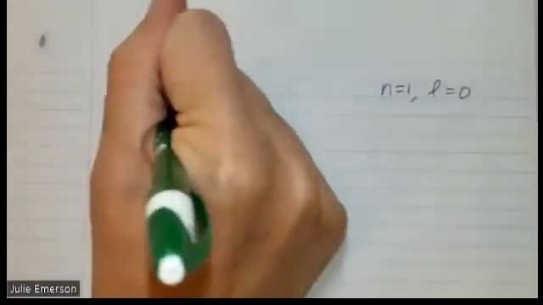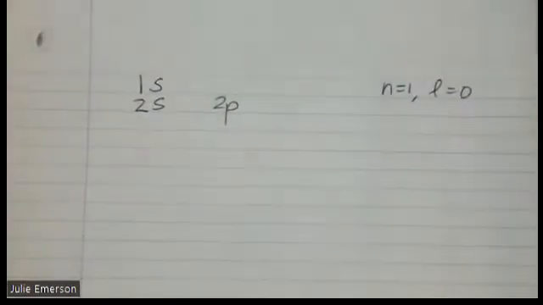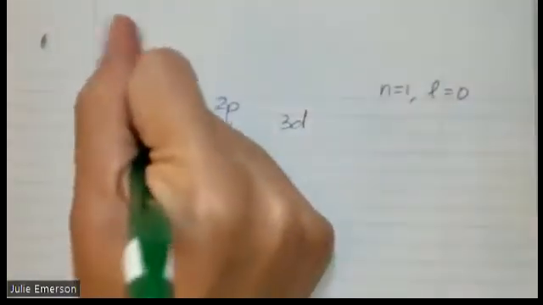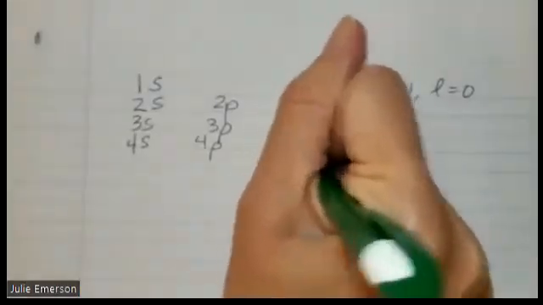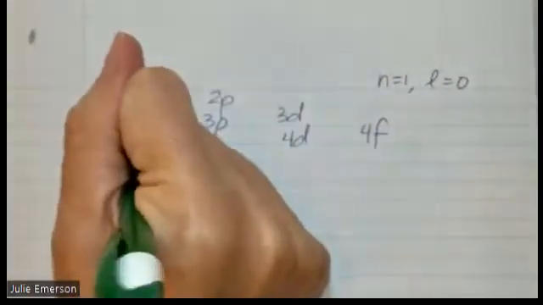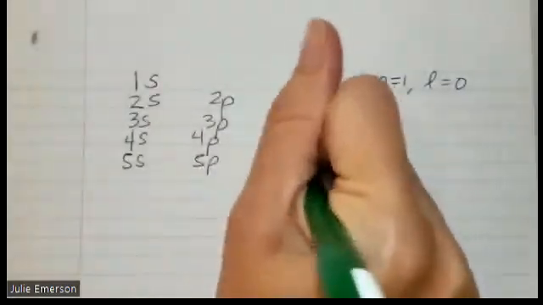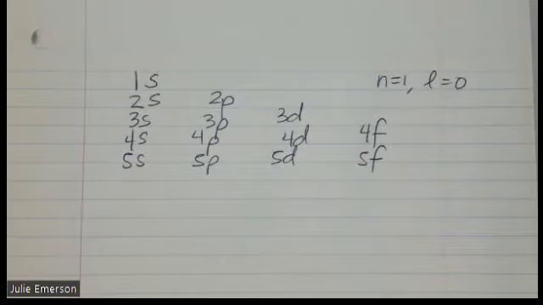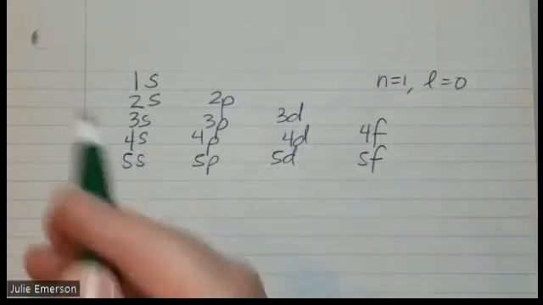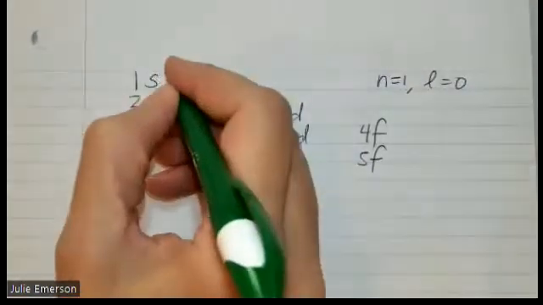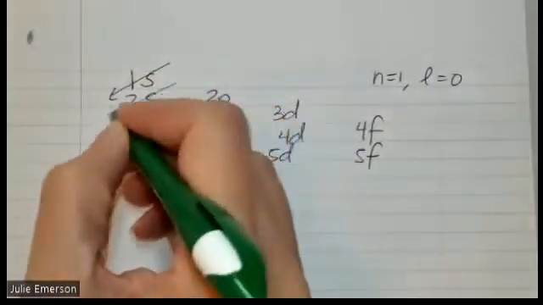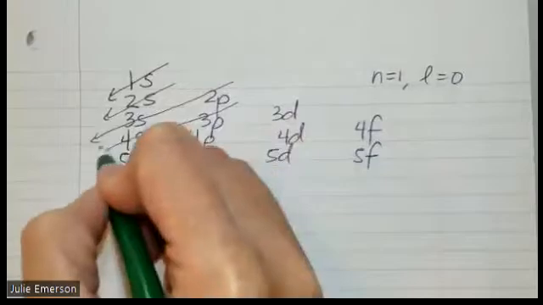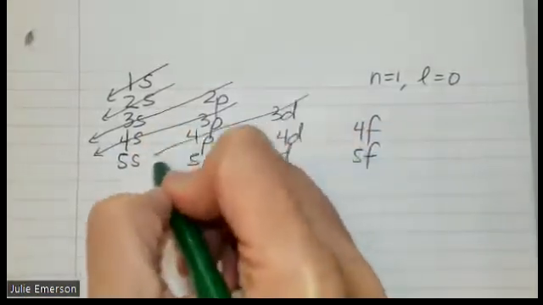When you get to the second energy shell, you can have a 2s or a 2p, then 3s and 3p and 3d, and then 4s and 4p, 4d and 4f, and then 5s and 5p and 5d and 5f, etc. And again, I don't think this is the easiest way to do this. I just remember this is how I learned it. He said, okay, what you do is you fill the 1s first, then you fill the 2s, then you would do the 2p and the 3s, then the 3p to the 4s, then you do the 3d, 4p, 5s.